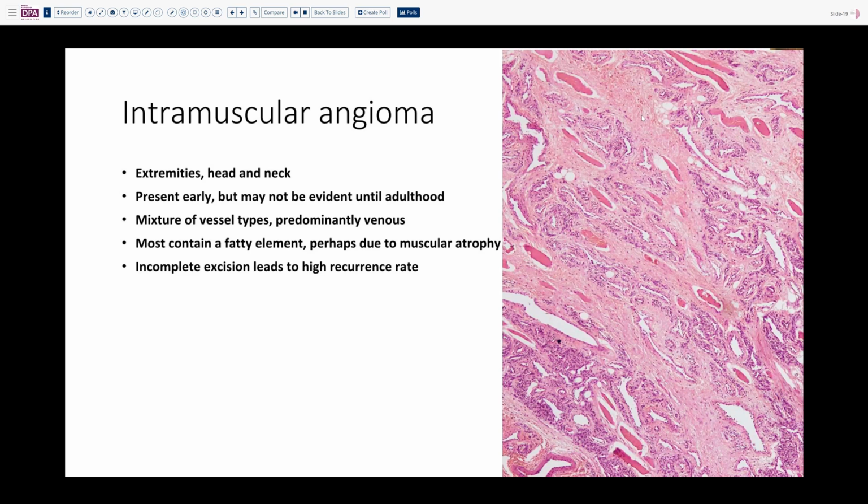And usually that's because they cause the muscle to atrophy, and fat is supervening in that situation. These do tend to recur if they're not completely excised. And so that's something to be aware of in that setting.